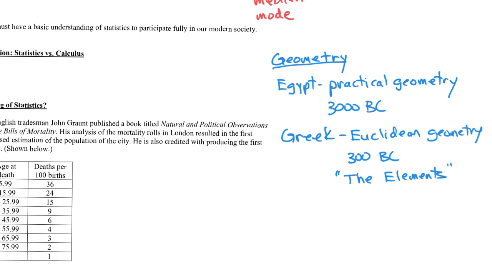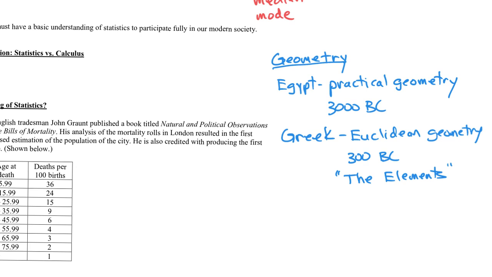There have been over 1,000 editions. And in fact, there's only one book that's been published more often than Euclid. Only one book on the planet. You know which one that is? It would be the Bible. It's the only one with more editions than the Elements.